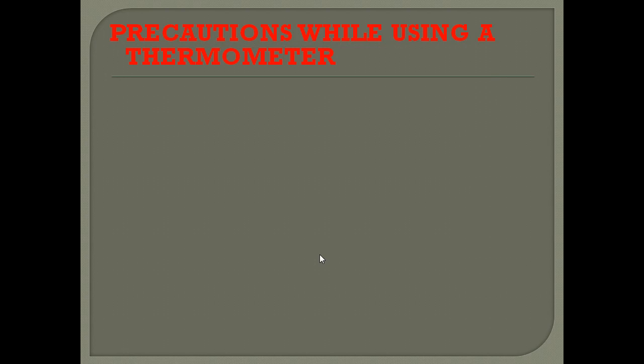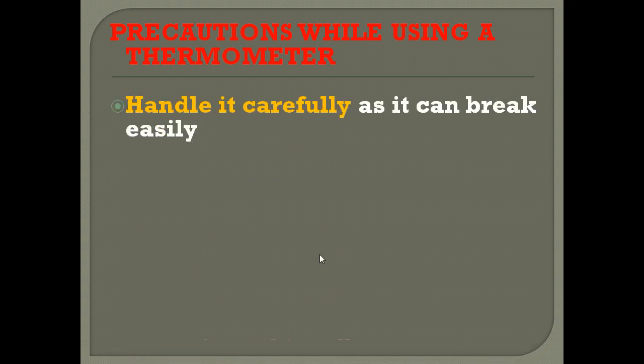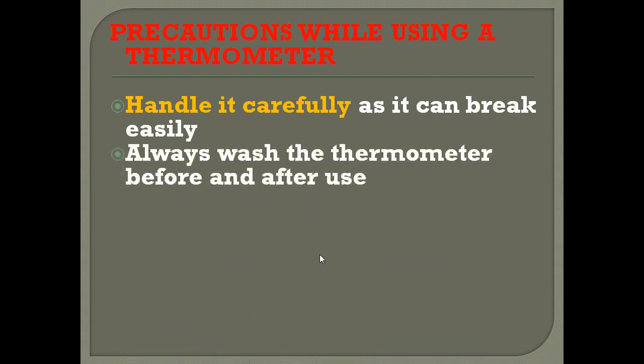Now we are going to see precautions while using a thermometer. As we know, the thermometer is made of glass. We have to handle it carefully as it can break easily. Always wash the thermometer before and after use.